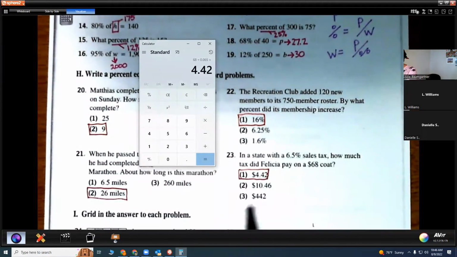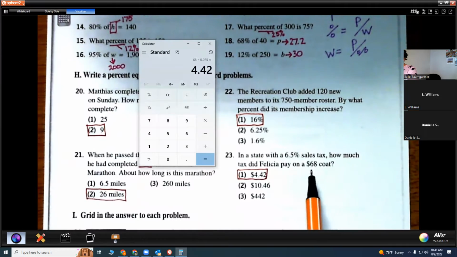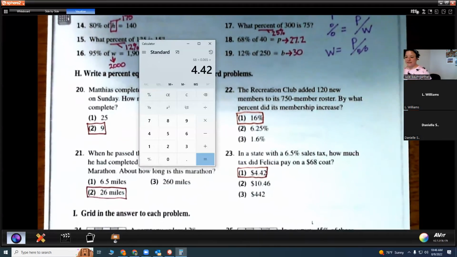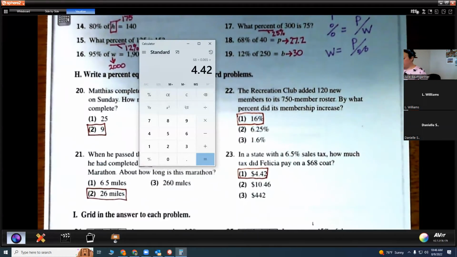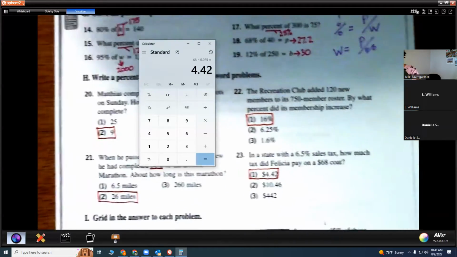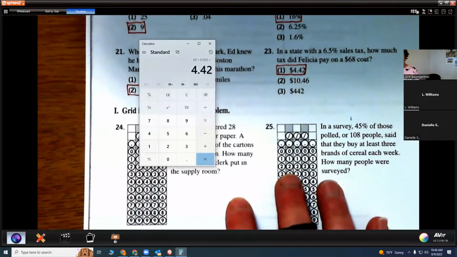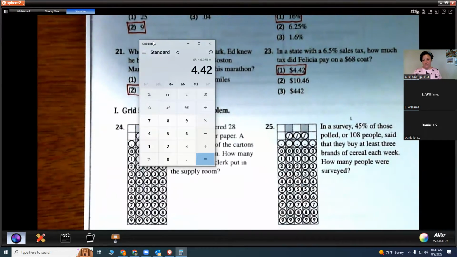Does anyone know what's 10% of 68? Just $6.80. So you would know that it can't be more than that, and the only number that's less than 10% of 68 is that number. But anyway, okay.